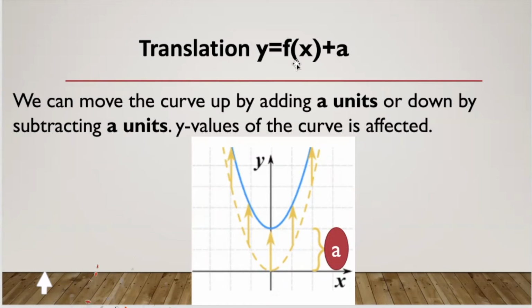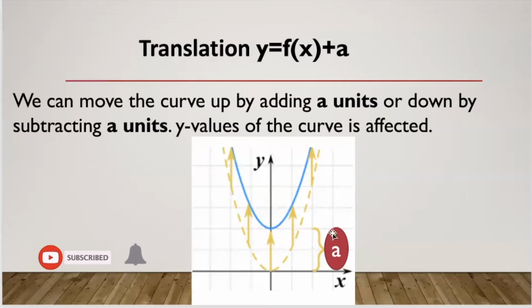Here, this is f of x. From previous activities that I have done, and maybe you have done in your class, f of x represents y. So we're either adding a units to y or subtracting a units from y. This dotted line represents the function x squared.